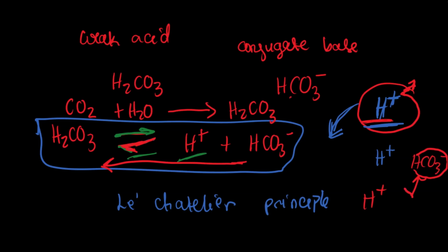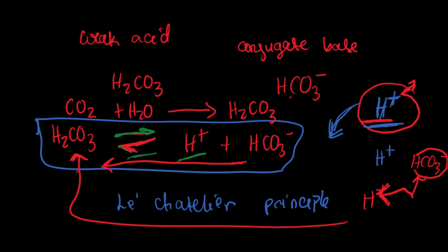So these bicarbonate ions are now able to collide more frequently with the hydrogen ions, and so they are now able to produce the acid that we have here. So there's a general decrease in the hydrogen ion concentration. That's how the buffer system works.